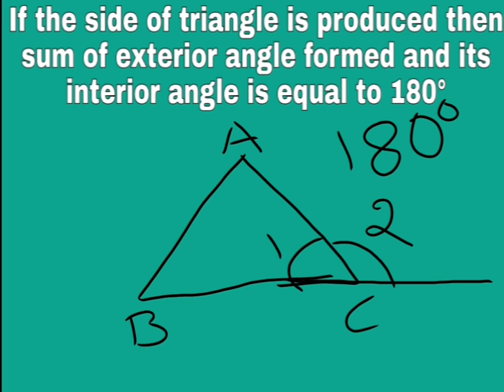This will happen for all the sides. If you extend the AB side, at point A also you get an interior angle and an exterior angle. When we add these two, we will get a sum of 180 degrees. If we extend the BC side, at point B an exterior angle is formed, and at the same point B we have the interior angle also.